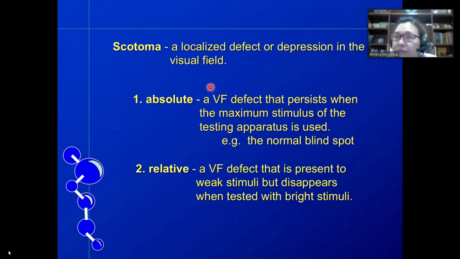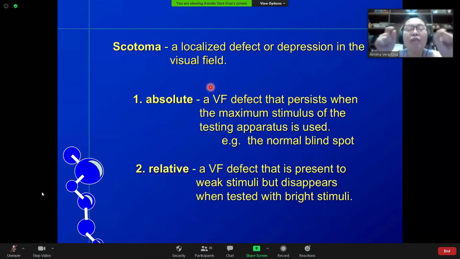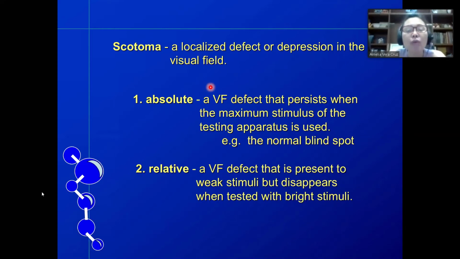So, with the perimetry, every now and then, the machine will go back and forth to that blind spot to check, especially if the patient is not pressing.